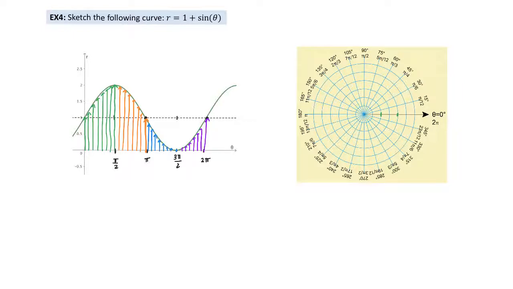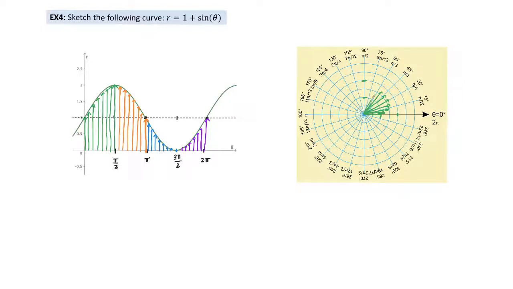So when theta is equal to 0, we have 1. That means that this is my radial, or that's my ray. Then those rays are going to be larger as I get to pi over 2. And at pi over 2, the ray should be at 2. So let's start doing that. Every time that I draw a new ray, the ray gets larger and larger and larger.